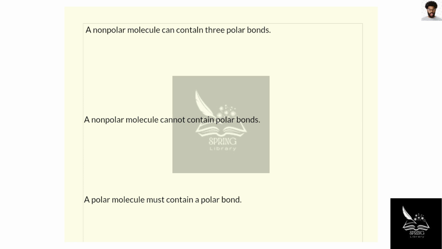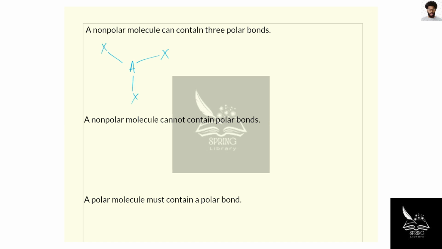Suppose we have a molecule with A, our normal compound, and we add X to it in this form.